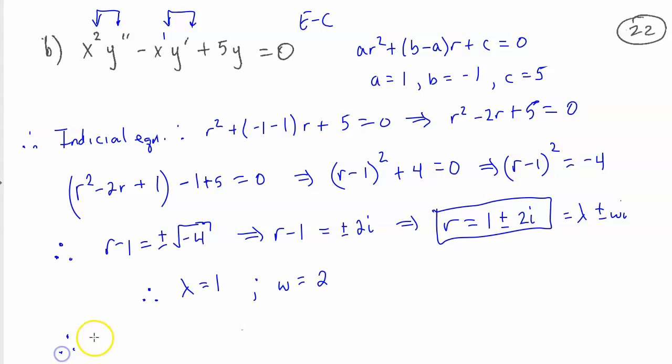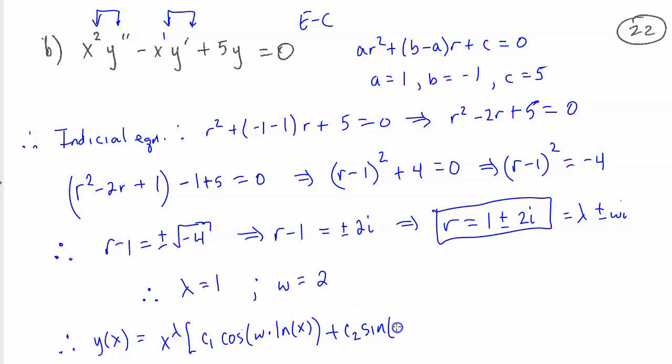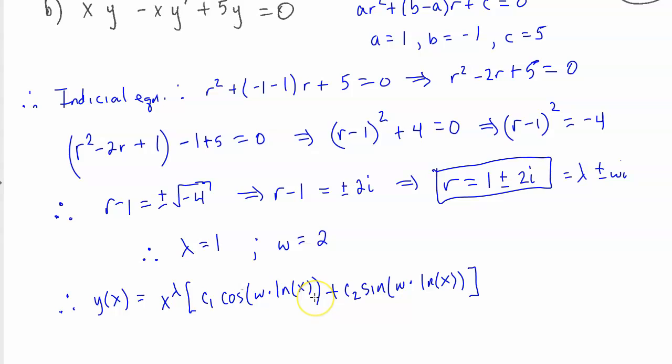And thus from that, we know that our general solution here will be x raised to the lambda times c1 cosine of omega times natural log of x plus c2 sine of omega times natural log of x. And so all I need to do now is just substitute in my lambda and omega, or w if you want to call it that.